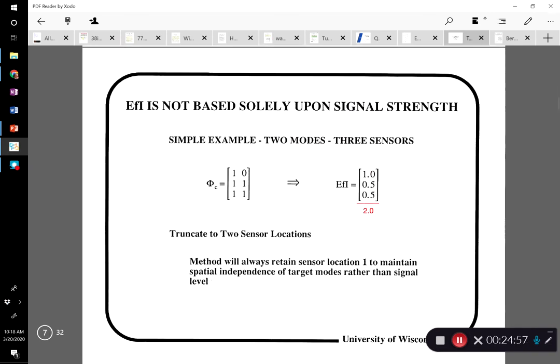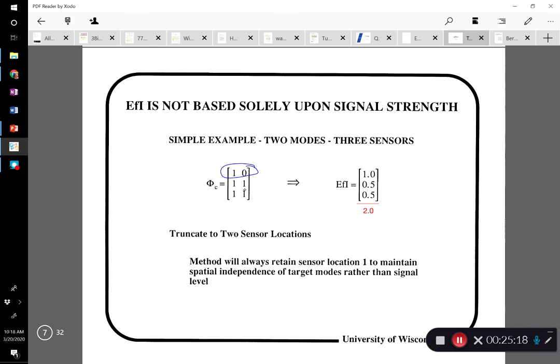So here are the Kammer's notes that you have a PDF on the course website. One example is a system that has these two modes. So you can see that there's something unique about this sensor location, because it's the only place where you can tell those two modes apart.